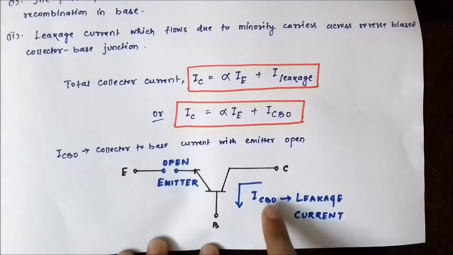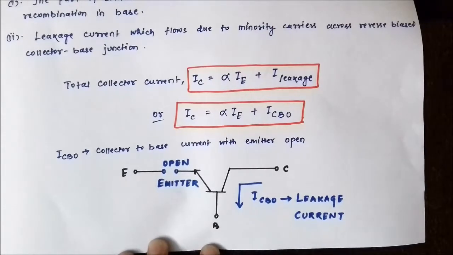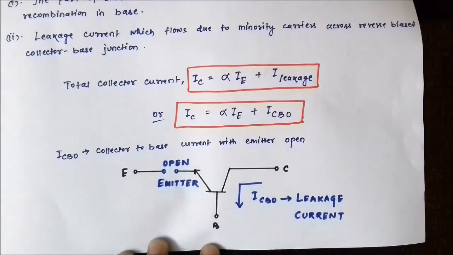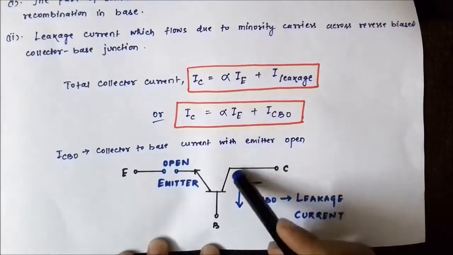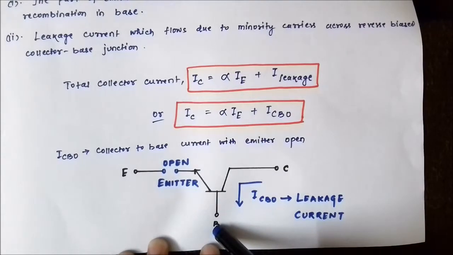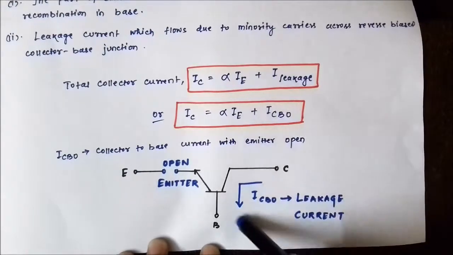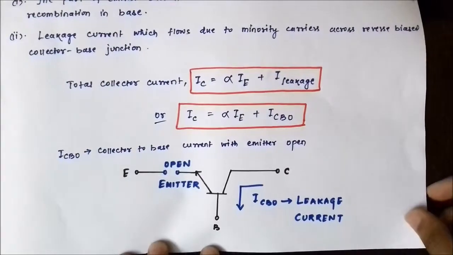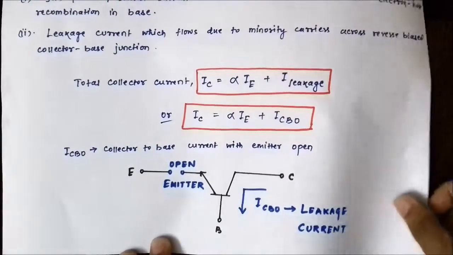This is the leakage current in common base configuration. It is the collector to base leakage current when the emitter circuit is open. Here the emitter terminal is open circuited. When this condition is achieved, a current flows from collector to base terminal, which is called the leakage current. This forms the second part of the collector current. It is of negligible value, so most of the time it's ignored.